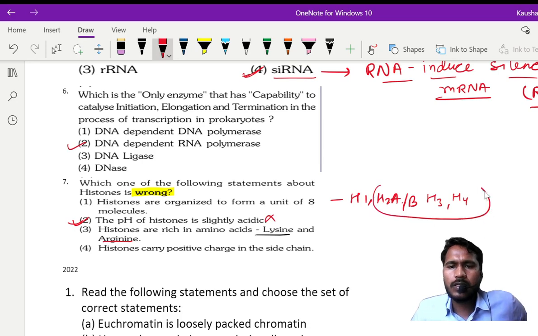The H2A, H2B, H3, H4, two copies of each, will form a nucleosome core, and this will be connected by linker DNA.